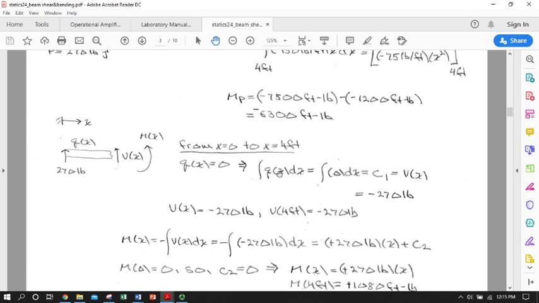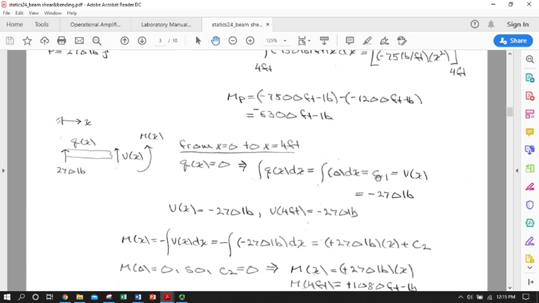So Q sub x is 0. If I take the integral of Q sub x dx with respect to x, I'm taking the integral of 0 with respect to x. Well, what do I have to take the derivative of to get 0? A constant, any constant, okay? So I can say that the shear force as a function of x between x equals 0 and x equals 4 feet is a constant.